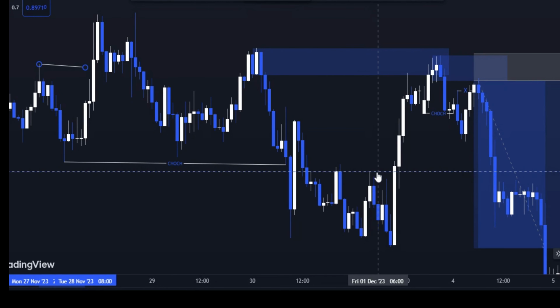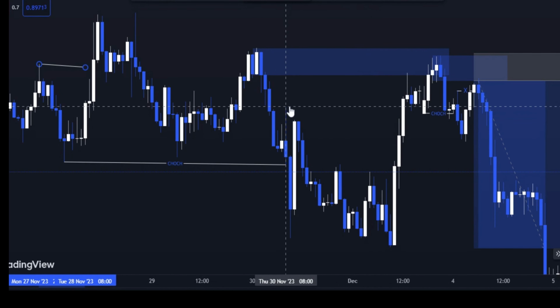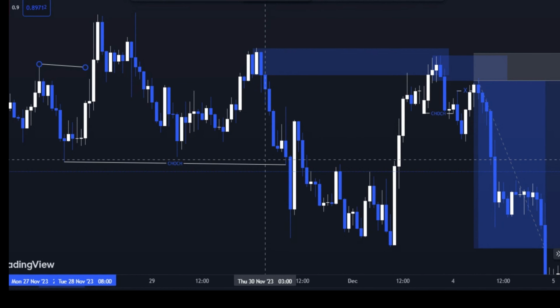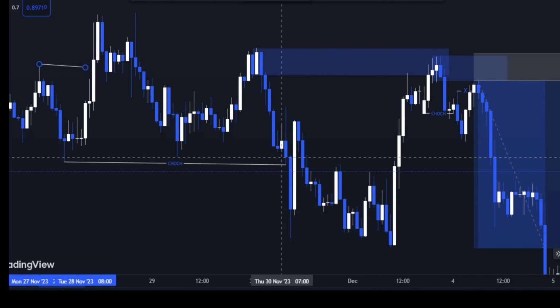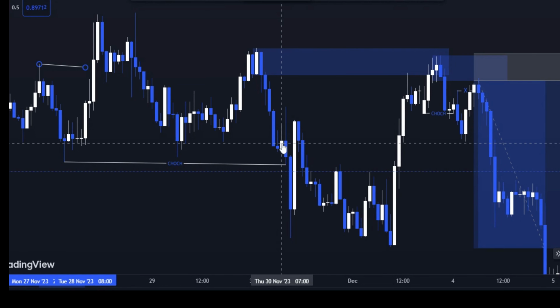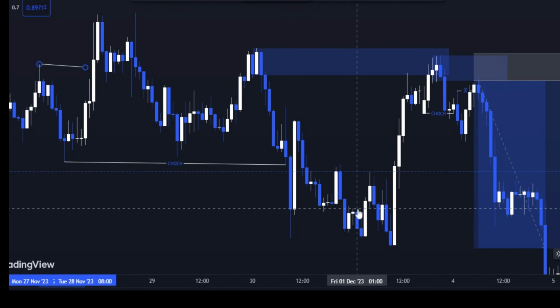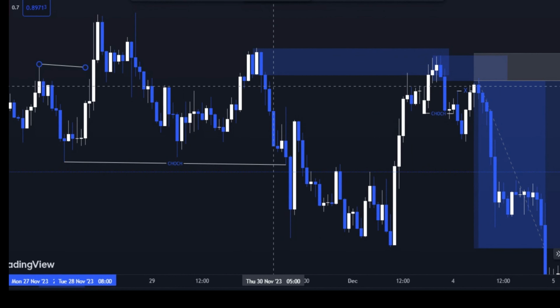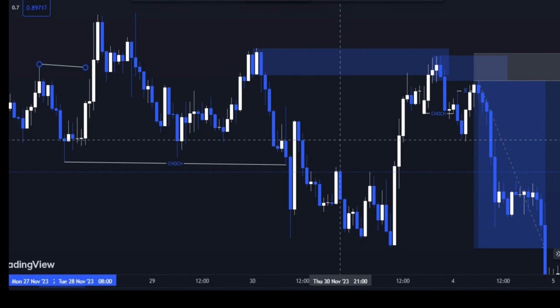So after the change of character, price gave us this inducement here and this inducement here using our pullback rule. What you can see here is this candle here was the lowest in this zone. This candle was the lowest here, so price pushed below it, so price created this, our first inducement here, this one here, and finally our other block.